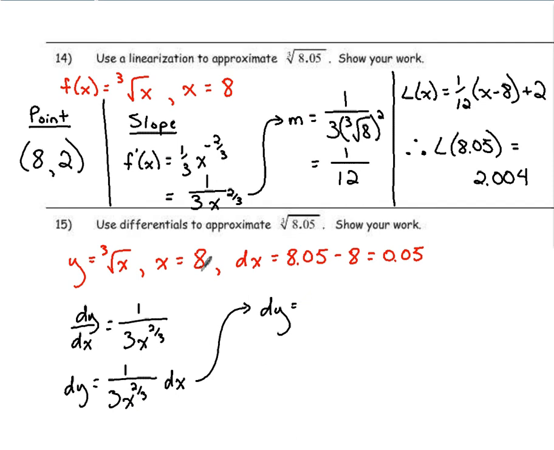We know x is 8. So we have 1 over 3 times, remember how this fractional exponent works again, it's the cube root of 8, whatever that is, squared. Squeeze that in there. We're multiplying that by dx. The dx we found was 0.05.